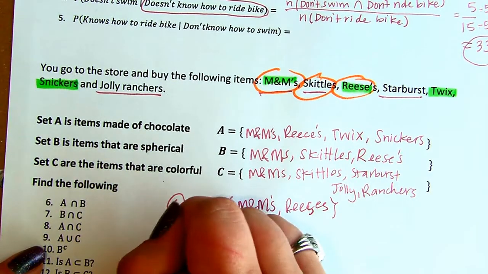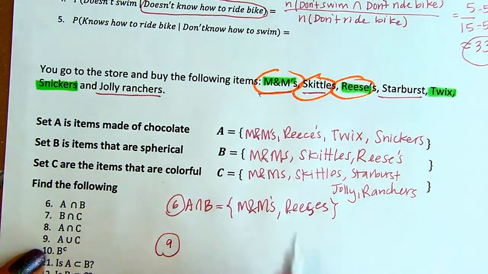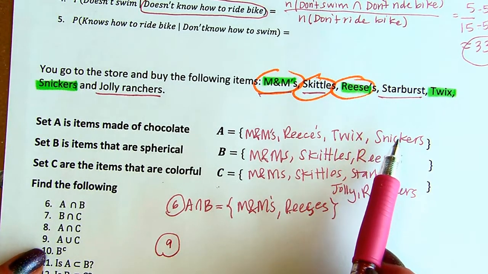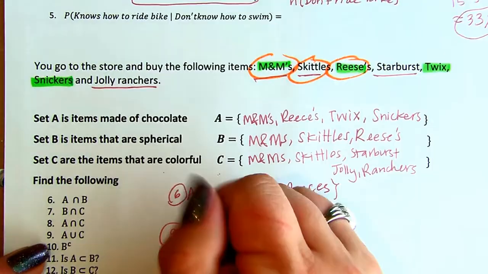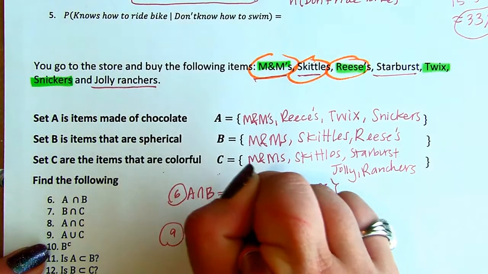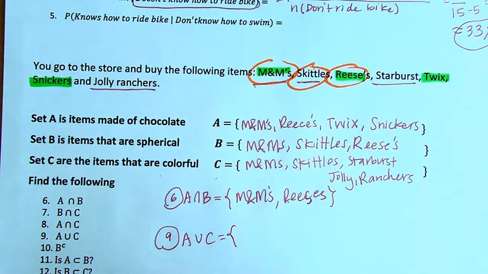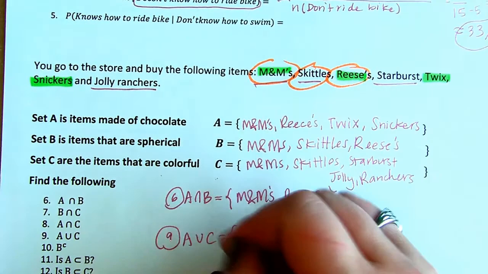Number 9 is a union. So the set A is going to be union with C. A union C. And it's like A and C are getting married, but we don't allow duplicates. So M&Ms are in both.